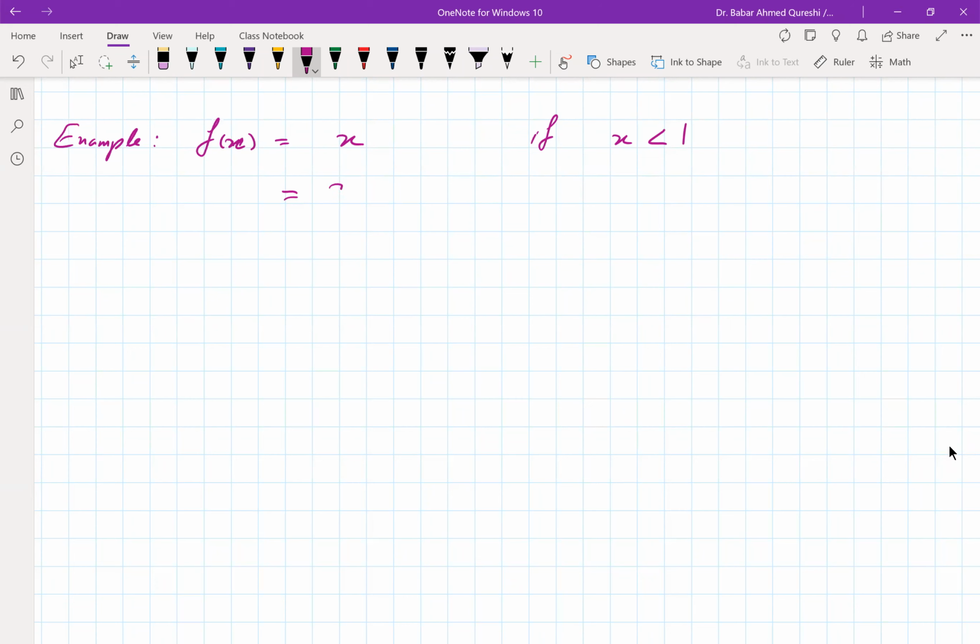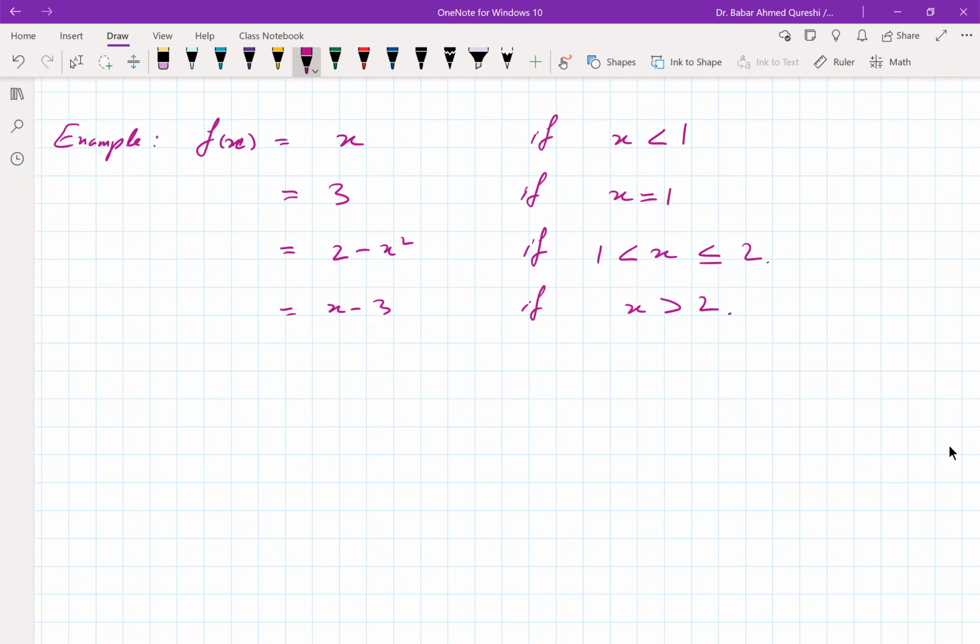It's equal to 3 if x is equal to 1, is equal to 2 minus x square if x is bigger than 1 but less than or equal to 2, and is equal to x minus 3 if x is bigger than 2. So this function is defined for the whole range of the real line. That's its domain.